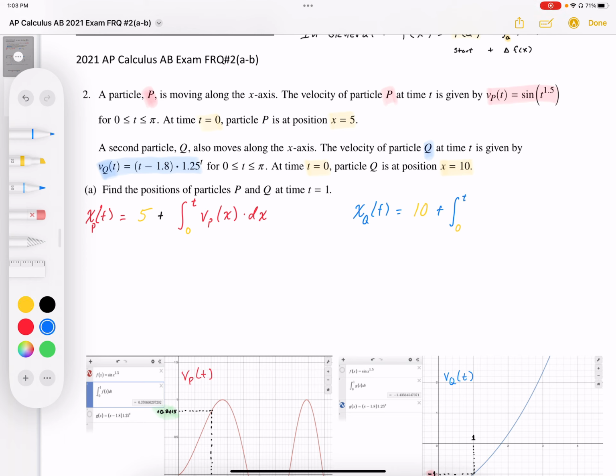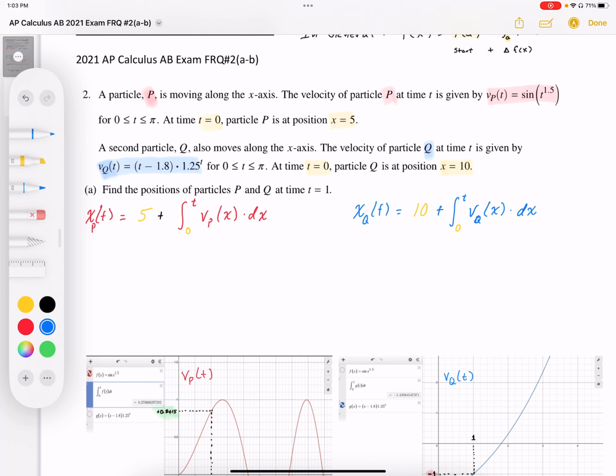The displacement is going to be the area under the velocity of Q. And again, I'm just going to change the variable to x so that it doesn't conflict with the t in our integral. So those two expressions represent the position of P and the position of Q.